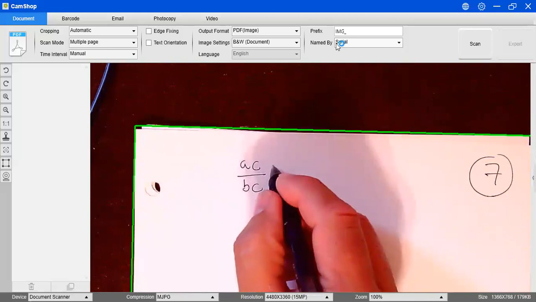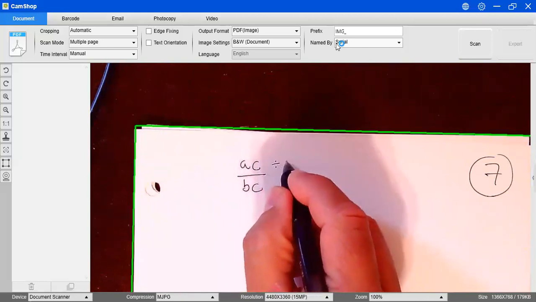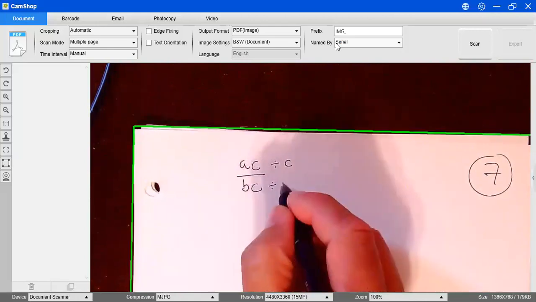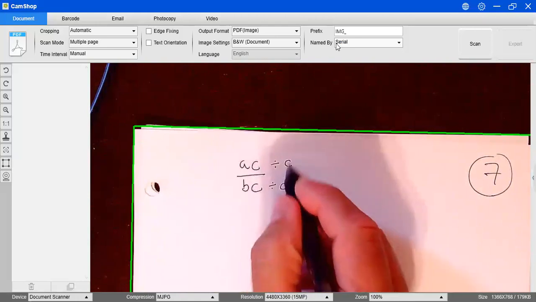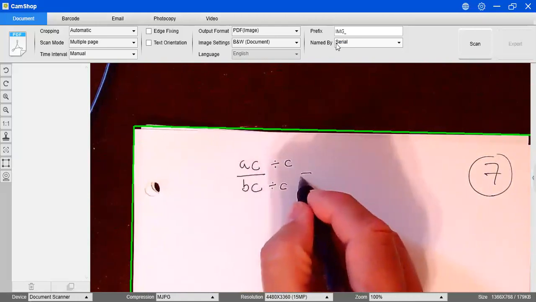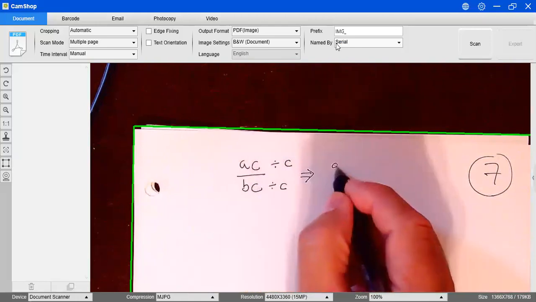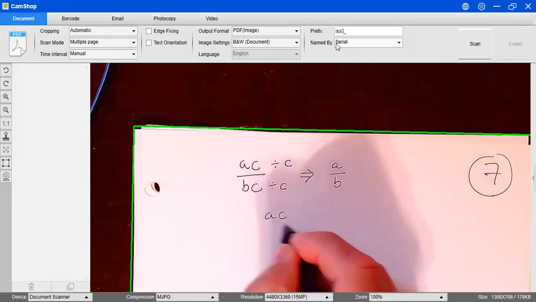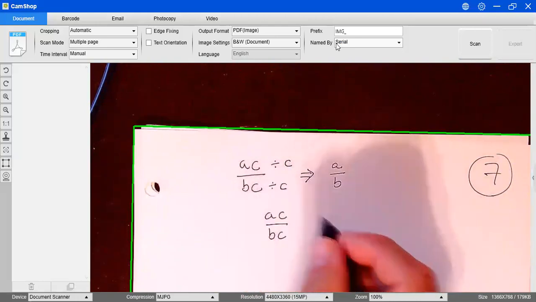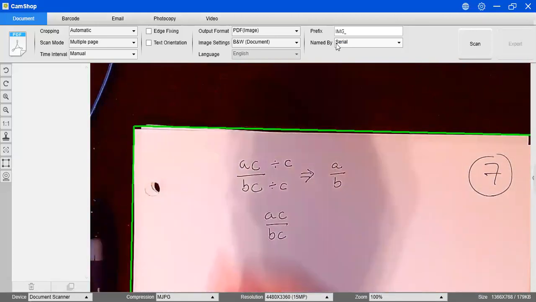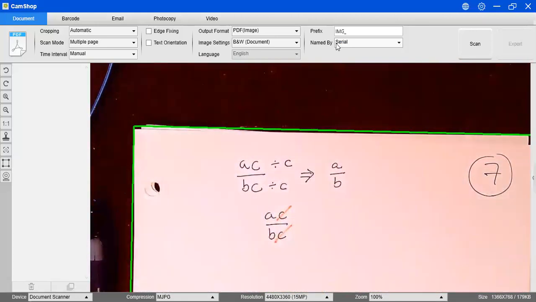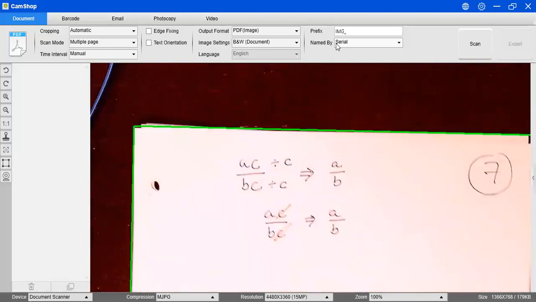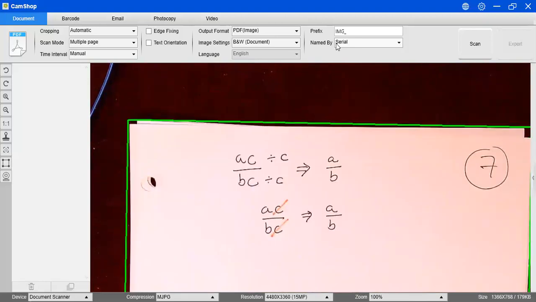When you have a common factor, you can divide the numerator by the common factor, which is C. You can divide the denominator by the common factor, which is C too. So you need to divide by the same number, and then you're going to get A over B. Usually, when you have AC over BC, people tend to cancel the C in the numerator and the denominator. That gives you A over B. So that's the fundamental principle of fractions.